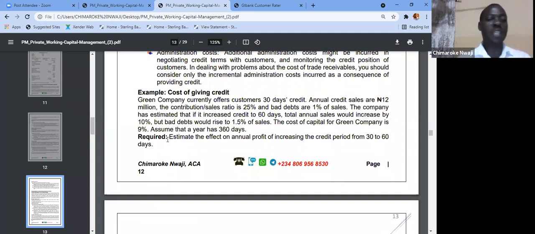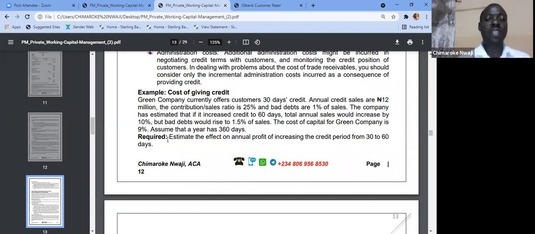Look at this company here called Green Company. They currently offer customers 30-day credit. Their annual credit sales are 12 million naira. And the contribution to sales ratio is 25%.